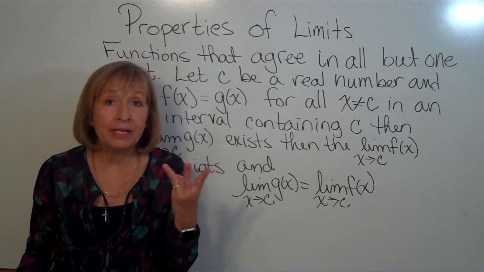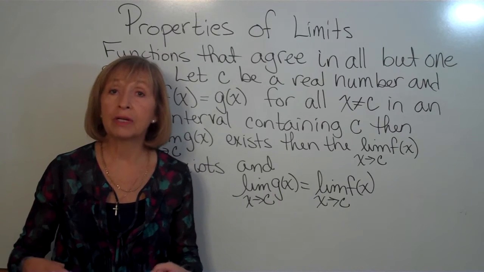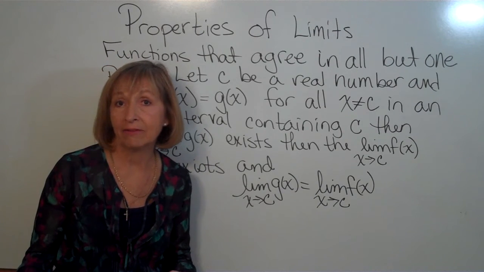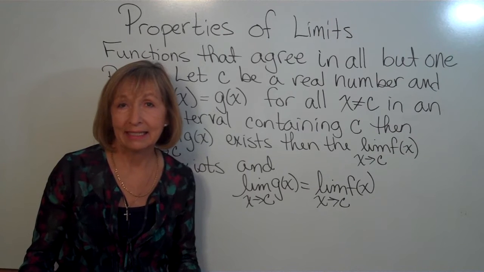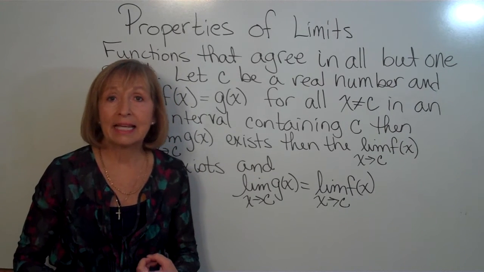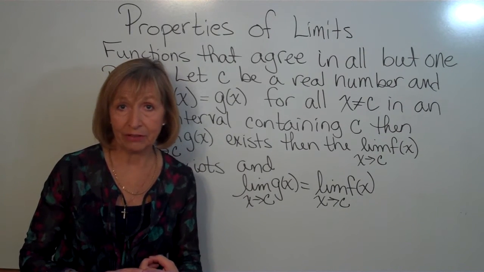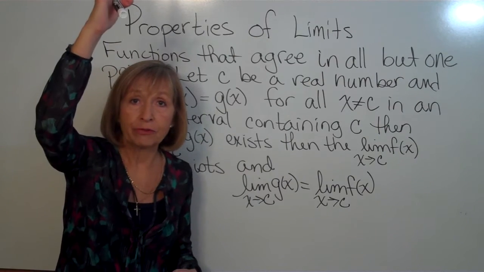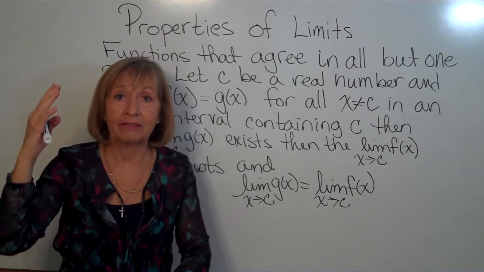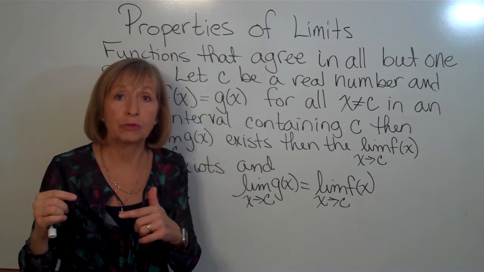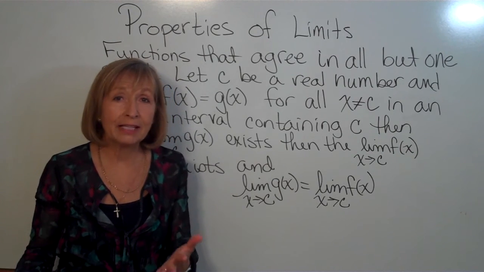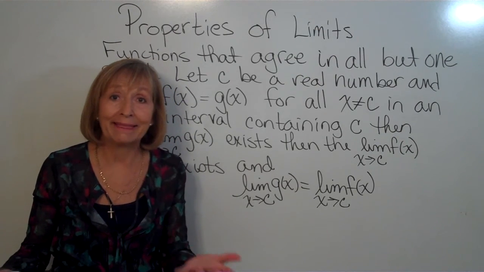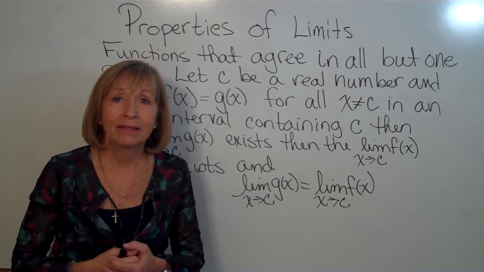And there are actually 3 different situations that would let you identify that the limit doesn't exist. One of them is that you have unbounded behavior. So the function goes off to infinity or down to negative infinity as your x approaches a particular value. If that's true, you have unbounded behavior and the limit doesn't exist.